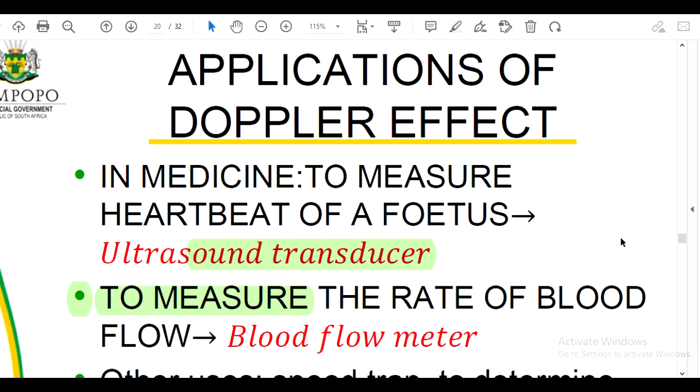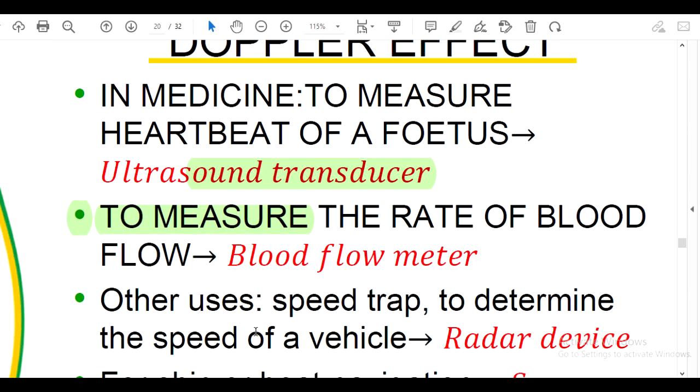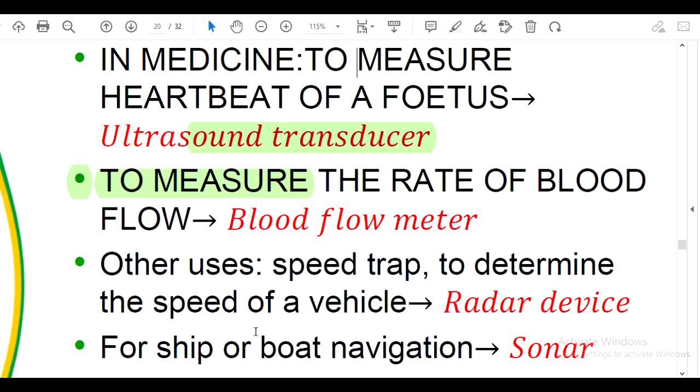What they actually do, as we have seen even on TV, they take that instrument, apply some fluid on the lady's stomach, and then the detector listens to the sounds that are being made by the fetus, and then it measures the frequencies, and then it will tell you how the heartbeat is moving, and also to measure the rate of blood flow.